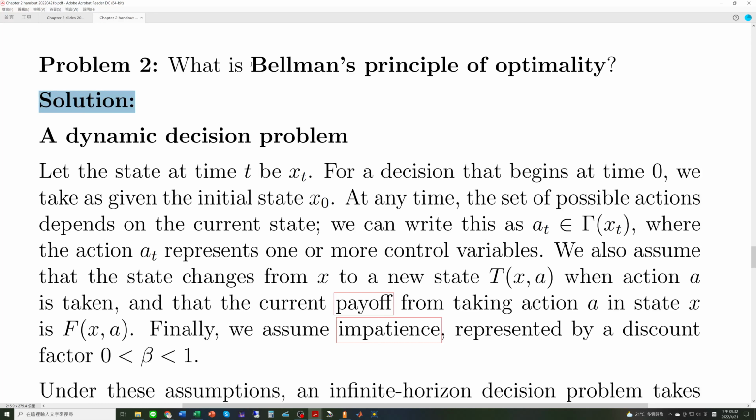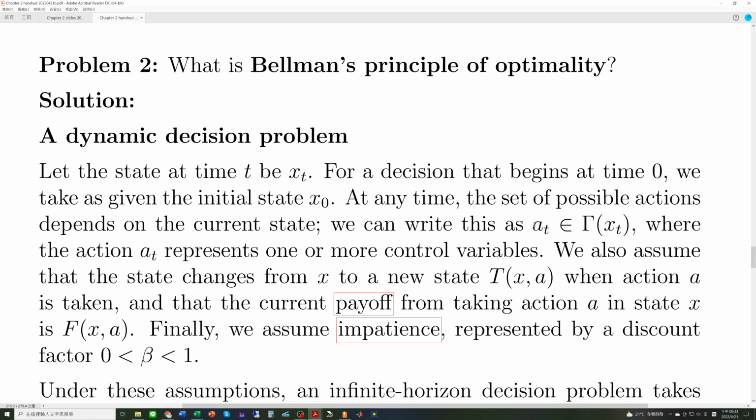Before understanding Bellman's principle of optimality, we need to introduce a dynamic decision problem. Okay, let the state at time t be x_t. For a decision that begins at time 0, we take as given the initial state x_0. At any time, the set of possible actions depends on the current state. We can write this as a_t in Gamma(x_t).